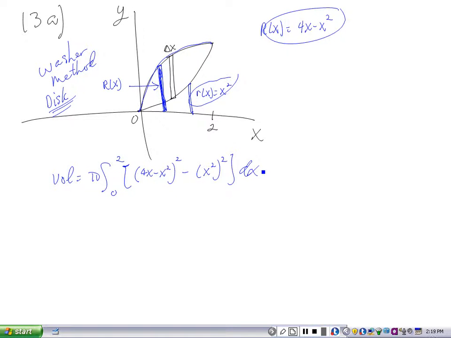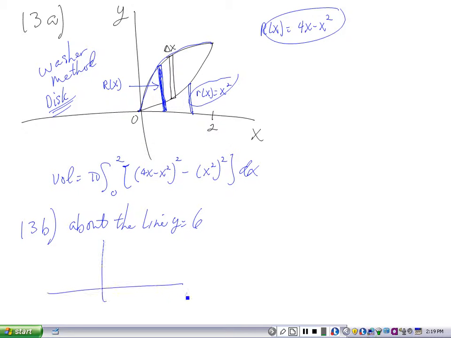Look at 13.b, and I just want to set that one up for you. Here this guy is being rotated about the line y equal to 6. So you got y equal to 6 is there.